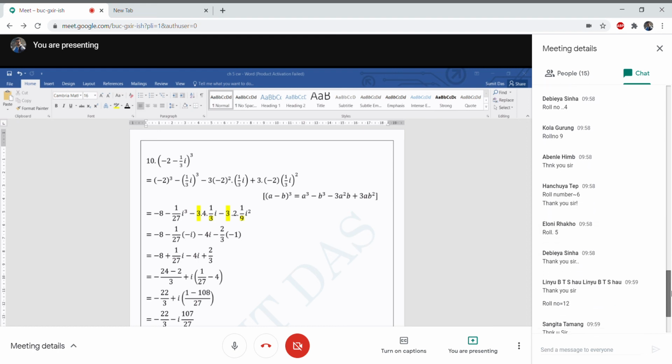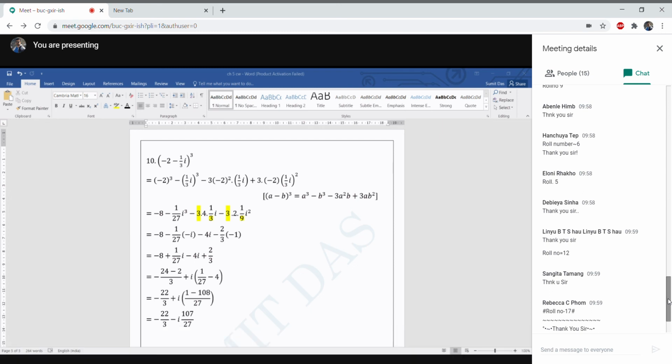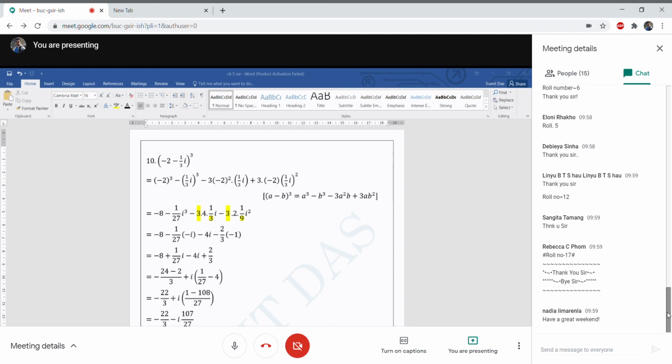After giving the roll numbers, you can leave. Okay. Don't forget the roll number. This one okay, 12, 17. Okay, fine. If you want roll number.